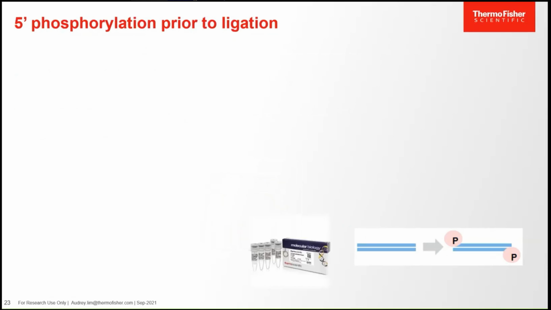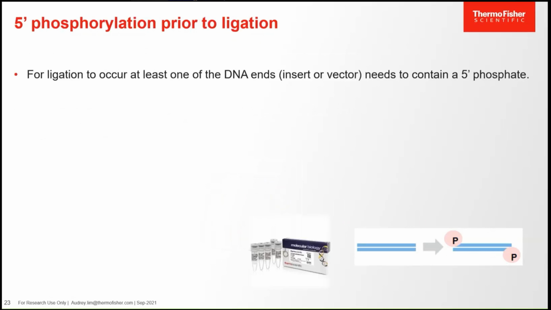Okay, for ligation of your insert and vector to occur, at least one of the DNA ends, either insert or vector, needs to contain a 5' phosphate. In the slide before this, I talked about the dephosphorylation of the vector to prevent recircularization, right?